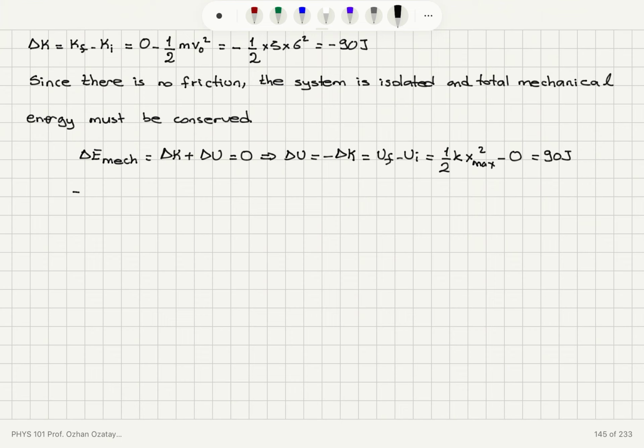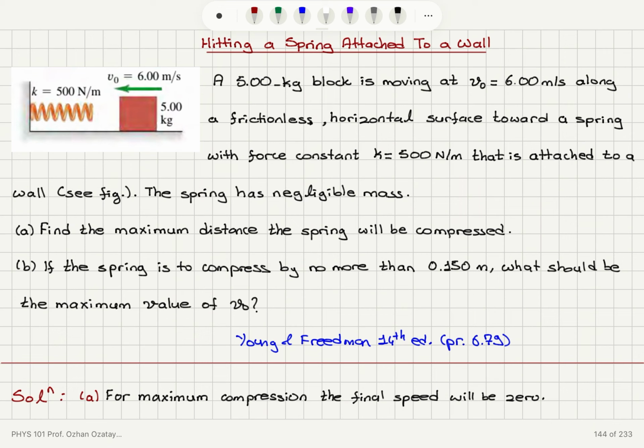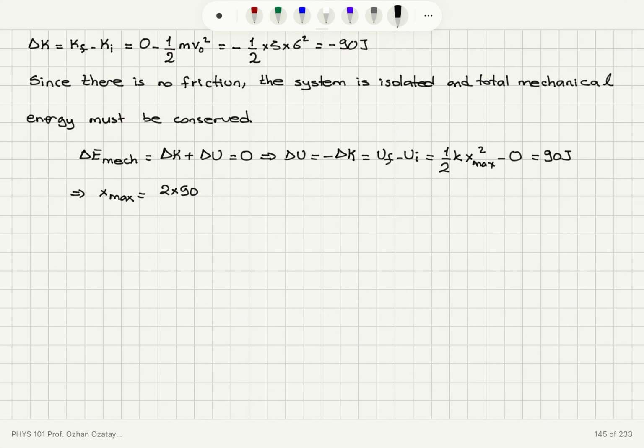So this gives us, for the maximum compression X max, the square root of 2 times 90 divided by the force constant, which was 500 newtons per meter.